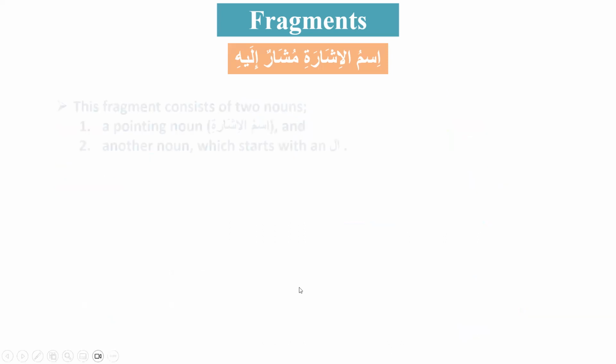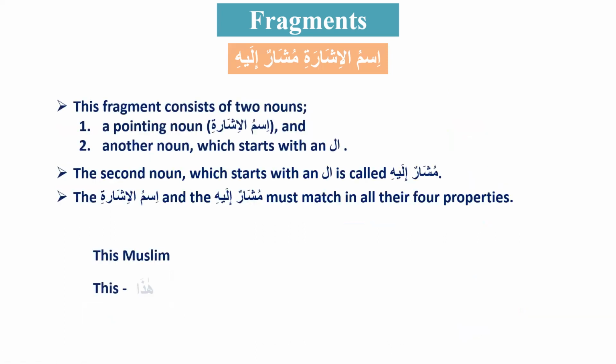So this Muslim, if we say Haza Muslimun, it would mean this is a Muslim, which will be wrong because we want to translate this Muslim into Arabic. So that would be Hazal Muslimu, this Muslim. Is it clear? Anybody have a confusion still? Should be straightforward.